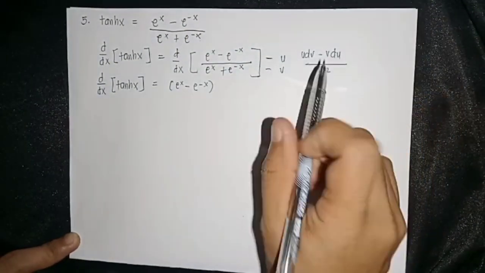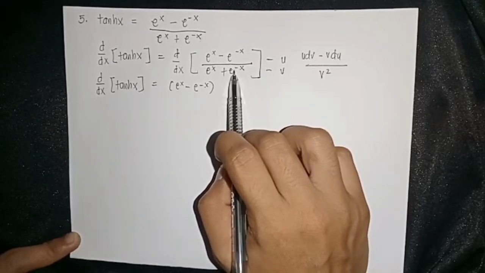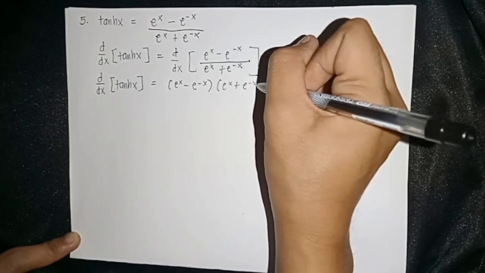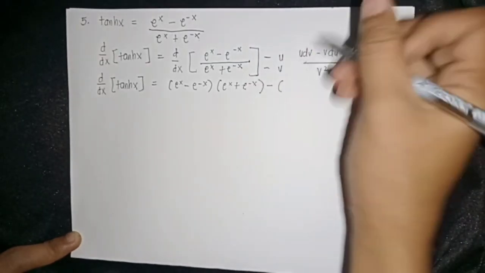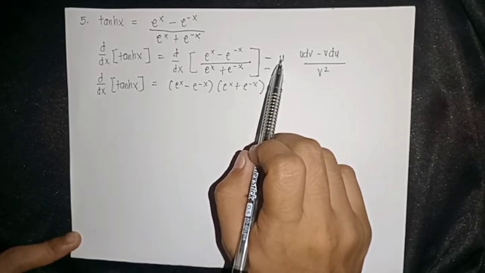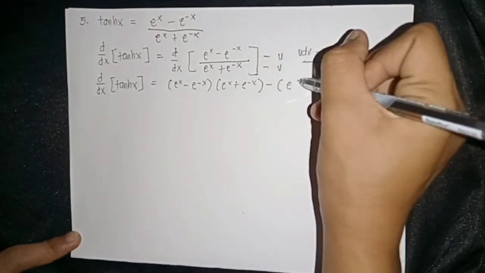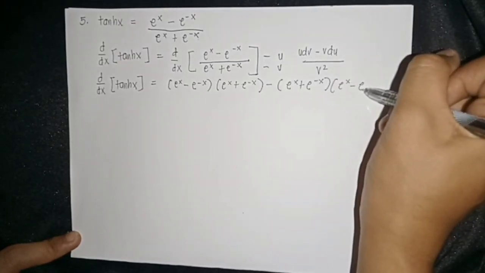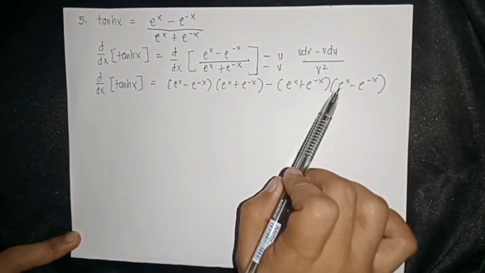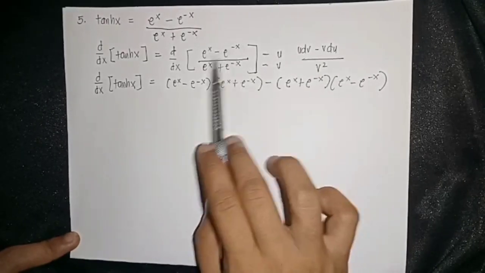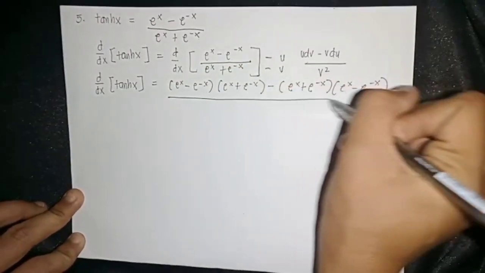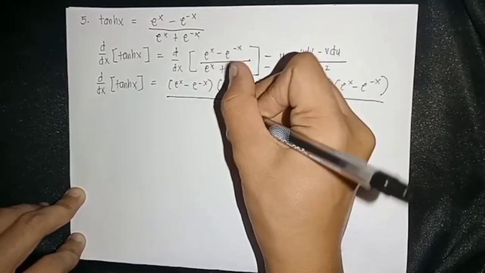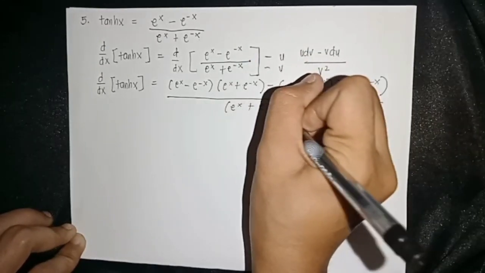And for our du, which is e raised to x minus e raised to negative x, is equal to e raised to x plus e raised to negative x, minus, which is our v, we have our u, which is e raised to x plus e raised to negative x, times the e raised to x minus e raised to negative x. So all over the v, which is e raised to x plus e raised to negative x squared.